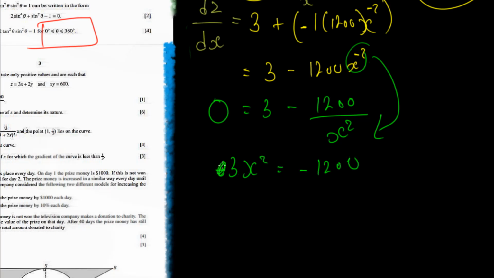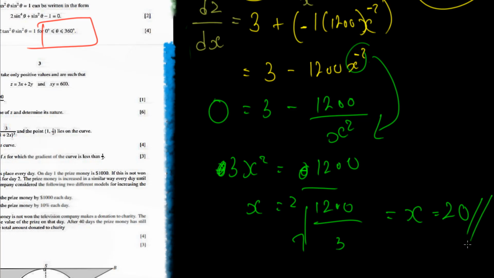Multiplying both sides by minus 1 removes our negative. x squared is equal to 1200 divided by 3, and then we take the root of that. So what is x equal to? I can put the calculator in, 1200 by 3, right? x is equal to 20, and that's a stationary value of x.